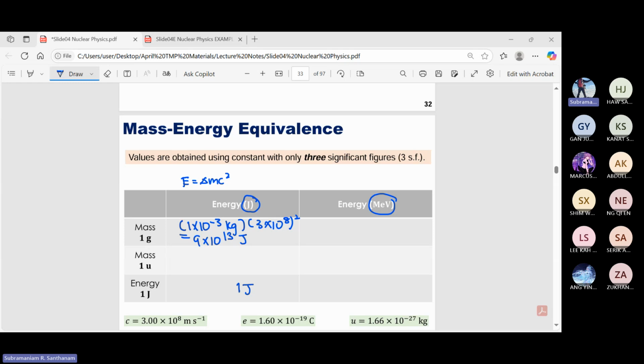So in this case, it justifies. I have coulomb, I have volt. So when I put in mega electron volt, 1 MeV has to be divided by 10 power of 6, that's the mega, times 1.6 times 10 power minus 19.